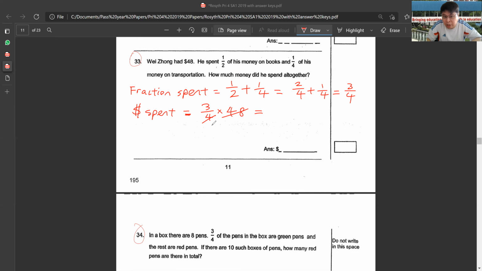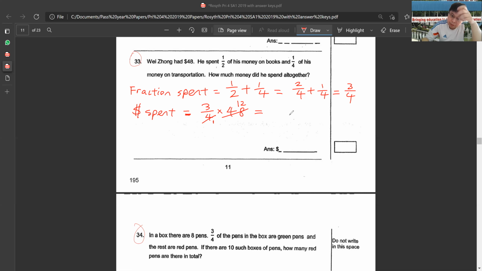So 4 divided by 4 equals 1. 48 divided by 4 equals 12.